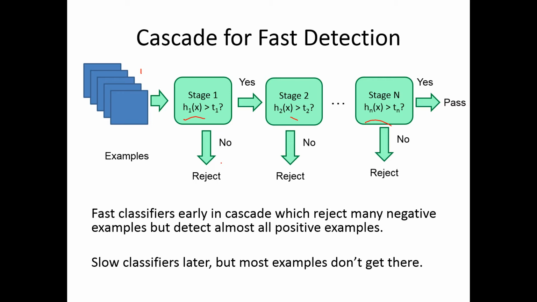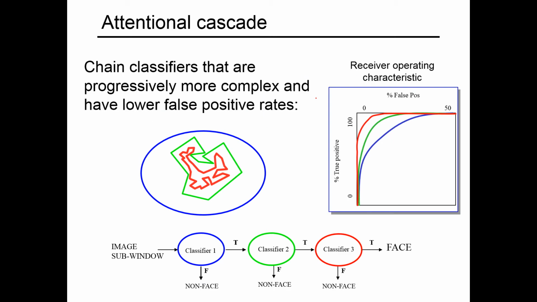If you don't find a phase, you don't spend any more computational cost. If you find a phase, you can refine your accuracy in the second stage, to say whether it's a phase or not. If it's not a phase, again you stop there. No more compute, so it can be very fast in practice.